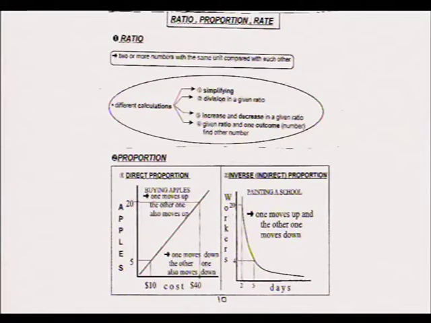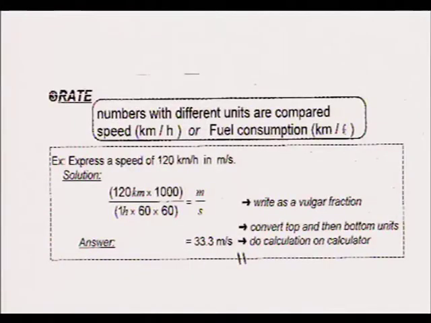The inverse, indirect proportion, is a graph like this one. The rate: numbers with different units are compared, for example speed is kilometers per hour, or fuel consumption, kilometers per liter.